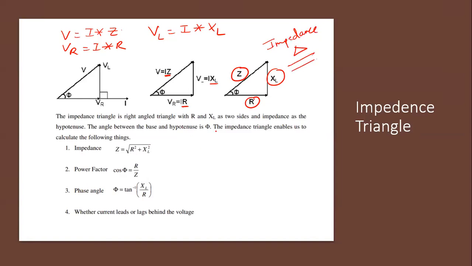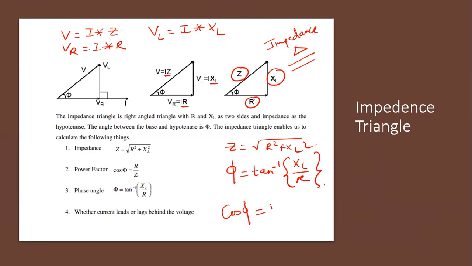Okay. So now you can see here the total impedance, as per this, when you apply Pythagoras theorem, is root over R square plus XL square. When you want to know the angle, it is tan inverse of perpendicular by base, so XL by R. If you know this, then cos of this angle is your power factor.